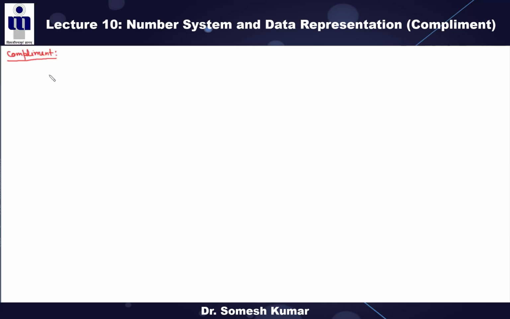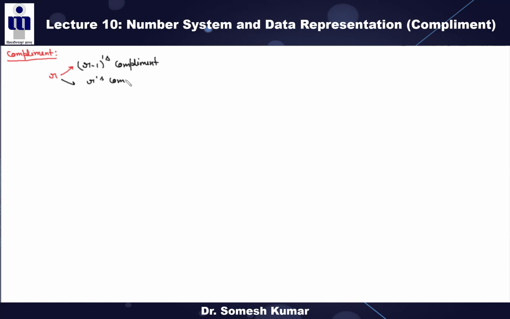Suppose this is your radix R. For this radix, suppose it is octal. For that octal number, two complements are possible. What are these two complements? The first is the R minus 1s complement, and the second is the Rs complement.